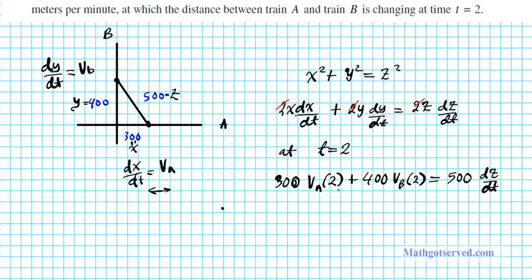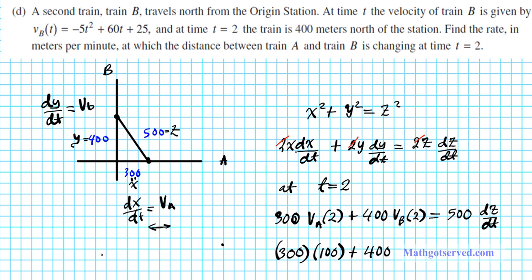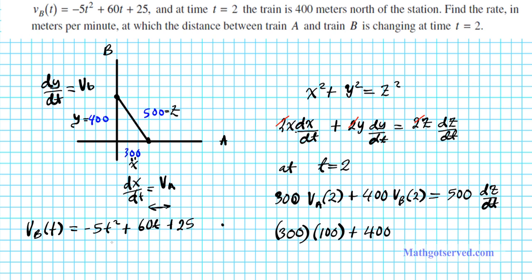Okay, so the velocity of A train at t equals 2, how do we find that? You go to the table. The velocity at t equals 2 is 100, plus 400 times, what's the velocity of the B train at t equals 2? We don't have a table for that, but we have a function. V of B, the velocity of B function, is negative 5t squared plus 60t plus 25. So to find the velocity at t equals 2 of the B train, you simply plug 2 into this function.